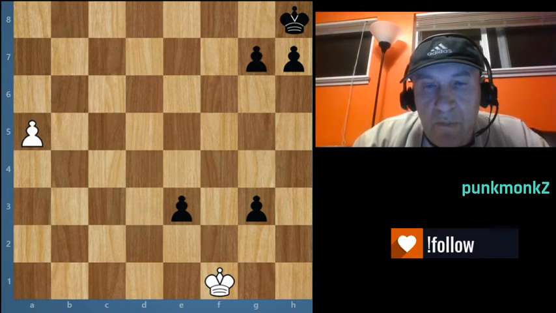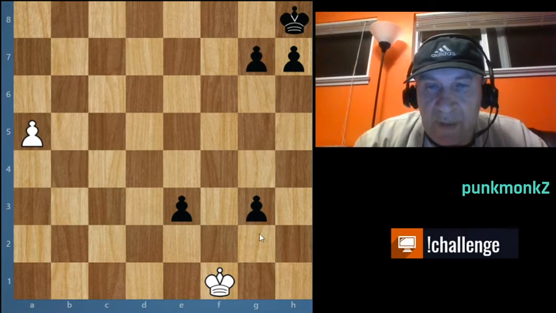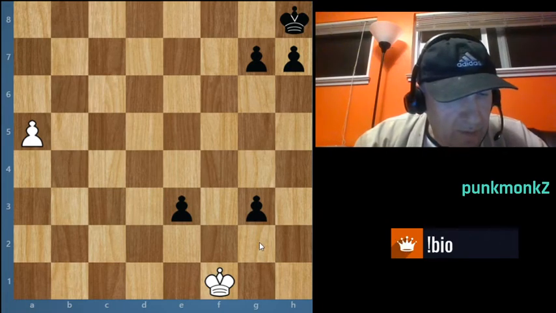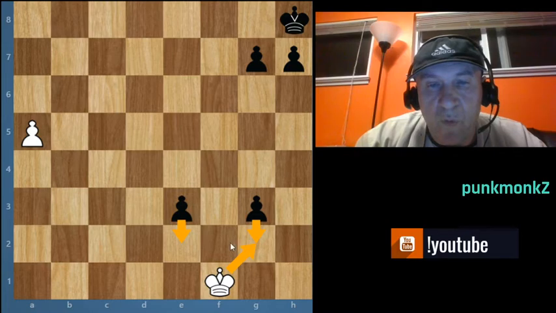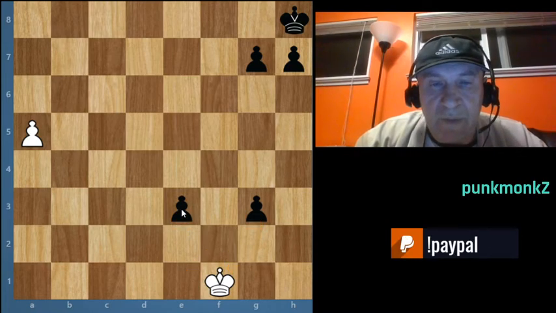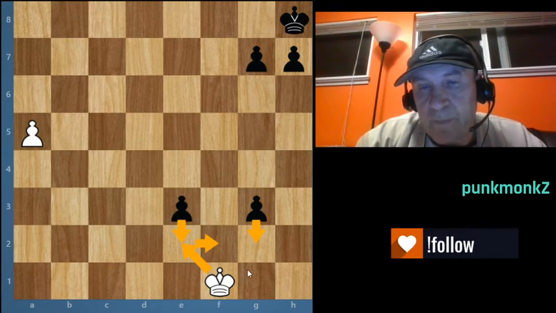And now neither of these pawns can advance. Okay, I mean, if this advances, I can eat it, and when this advances, I can move over to stop it. And that's also true if this pawn advances. I can eat it, and if this pawn advances, I can move over to stop it.